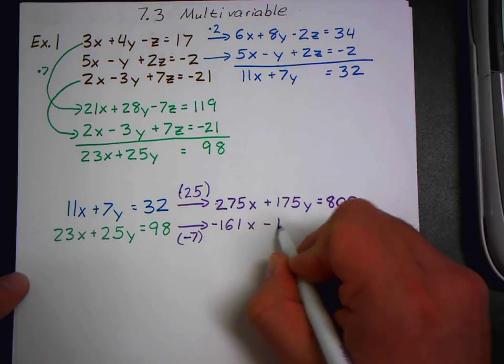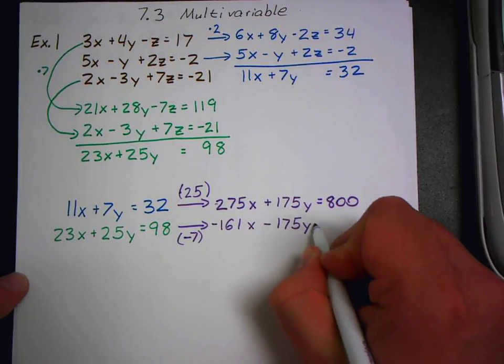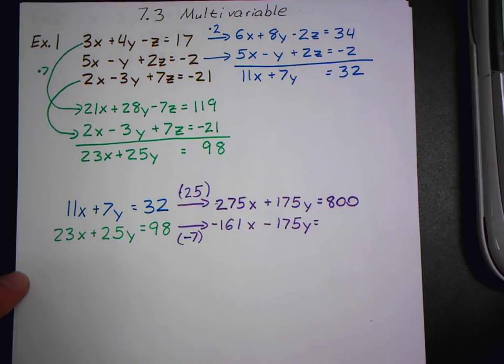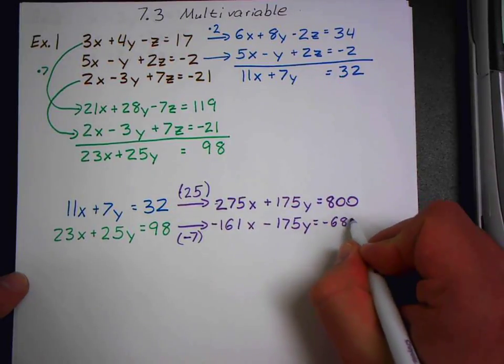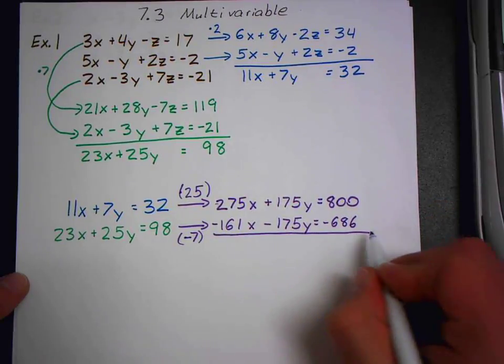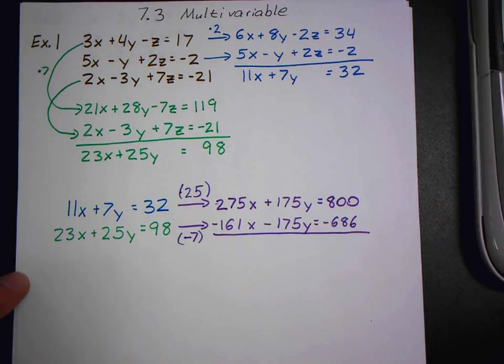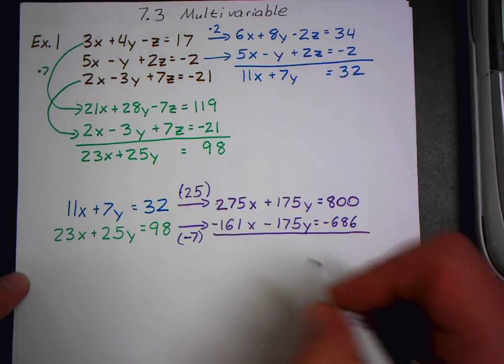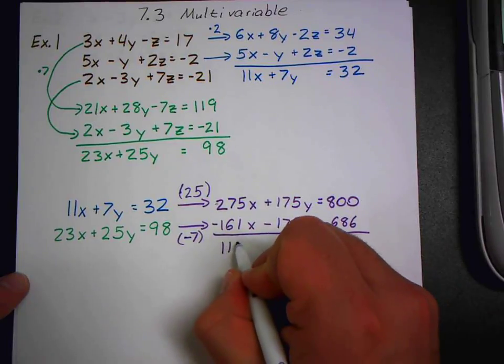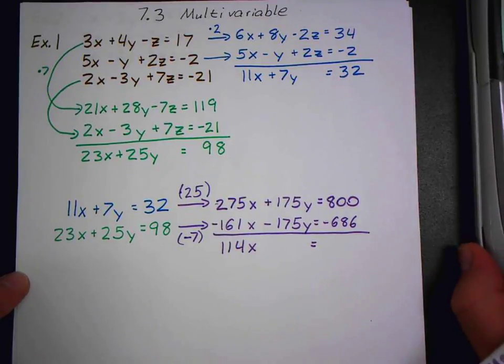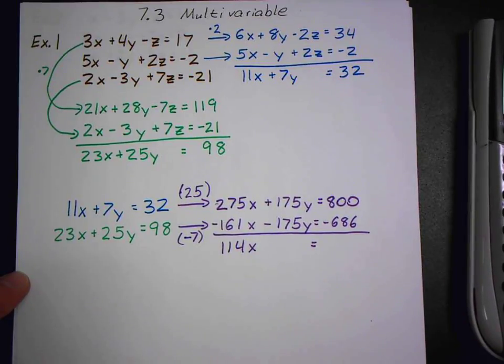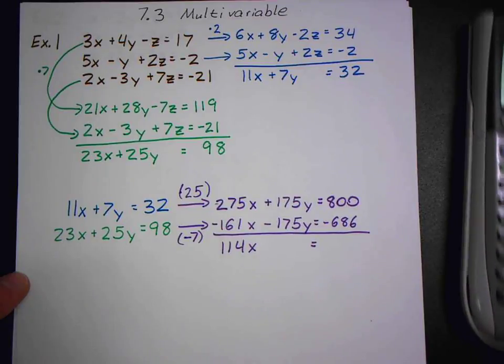This is going to be negative 175. And 98 times negative 7 is negative 686. So this is 114x equals, God, I hope that's 114. Oh, yeah, it's 114.